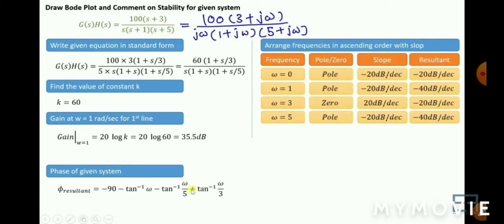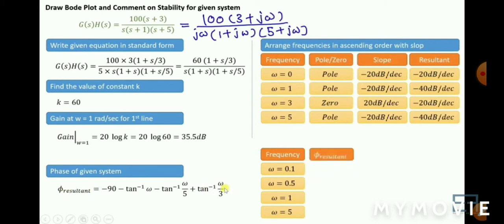Then s plus 1 gives minus tan inverse of omega. Then s plus 5 gives minus tan inverse of omega by 5. Then s plus 3 gives plus tan inverse of omega by 3. It is plus for zeros in the numerator and minus for poles.